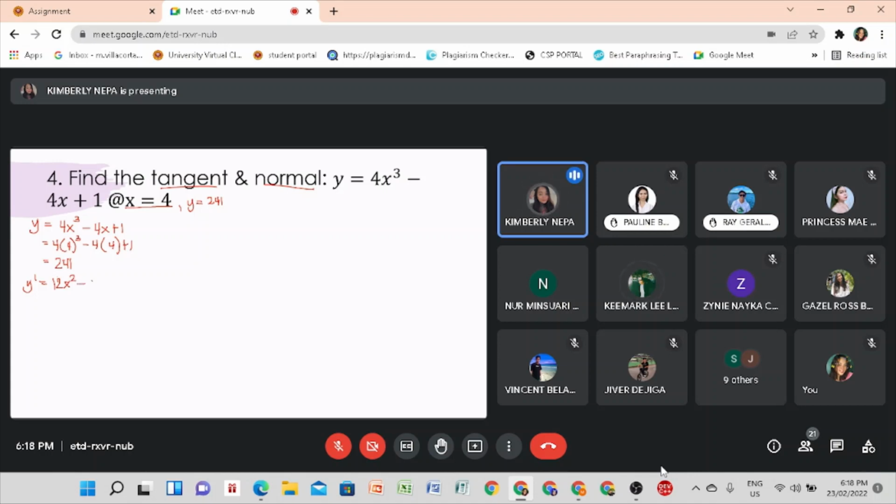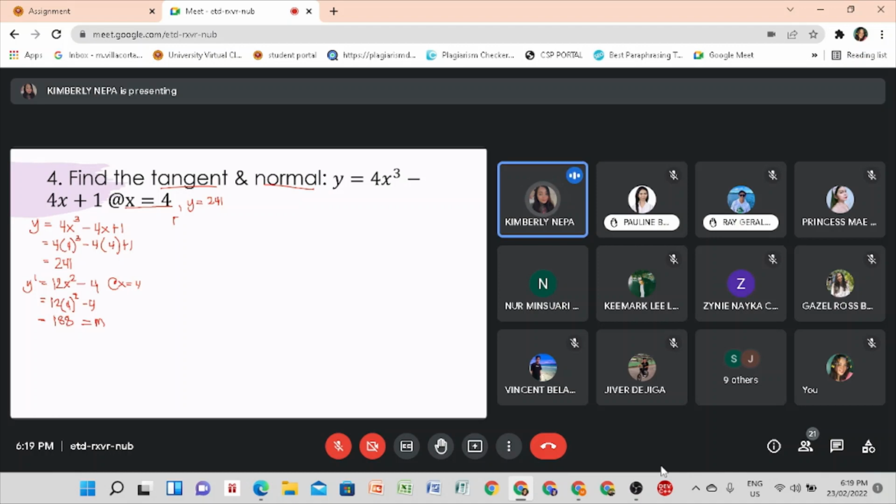Yes, po. Minus 4. And substitute the value of x. 12 times 4 squared minus 4 is how much? 188. So this is our slope as well.